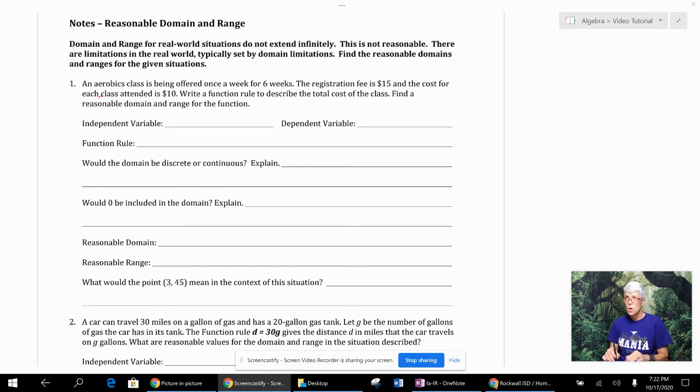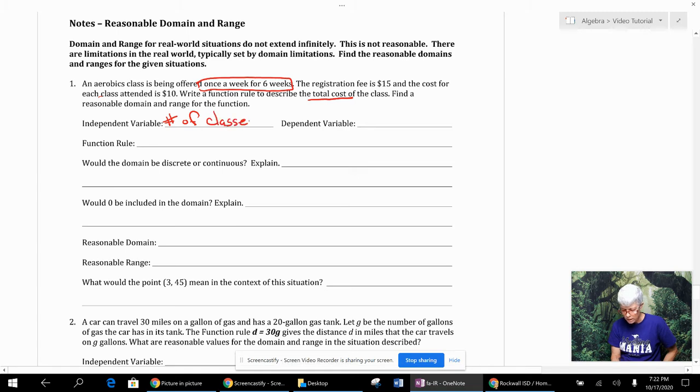All right. We have these classes and it asks about the total cost. So what is independent? What is dependent? And so domain is what's independent, and that would be, what do you think? It's going to be the number of classes, because how often you go in this situation is going to determine your total cost.